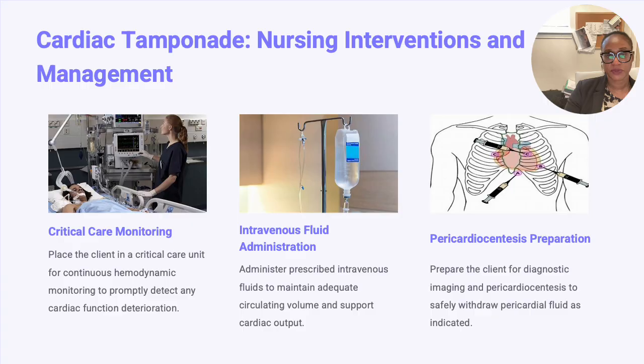If the client experiences recurrent tamponade or recurrent effusion, or develops adhesions from chronic pericarditis, a portion or all of the pericardium may be removed. It's called a pericardiectomy, and this is to allow adequate ventricular filling and contractions.